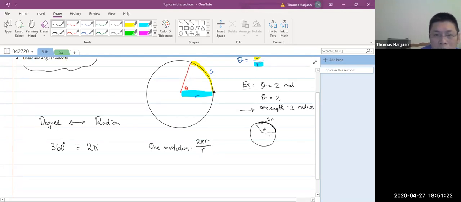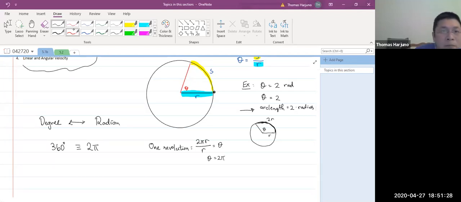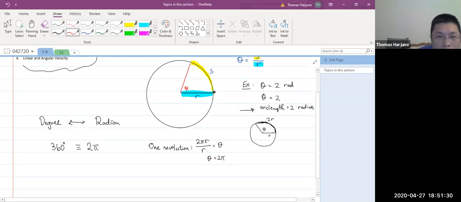So the theta will be 2 pi. Now that's how we get that one revolution angle in radian is 2 pi. Therefore we can derive that pi is equivalent to 180 degrees.